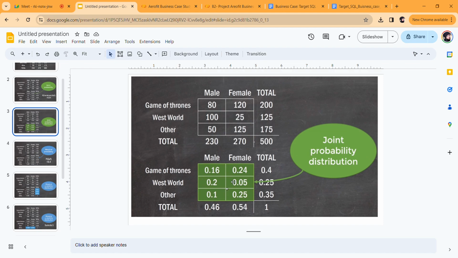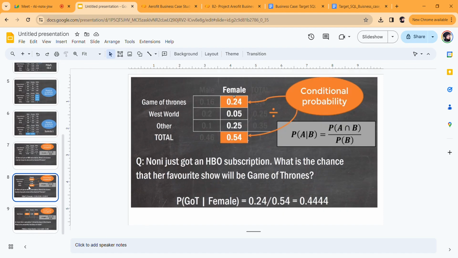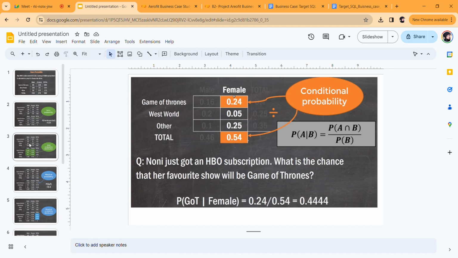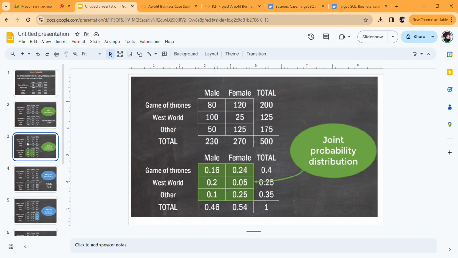Joint probability in the sense of female intersection, yes, intersection. You can see the joint probability is 0.24, 0.05 for every single thing.